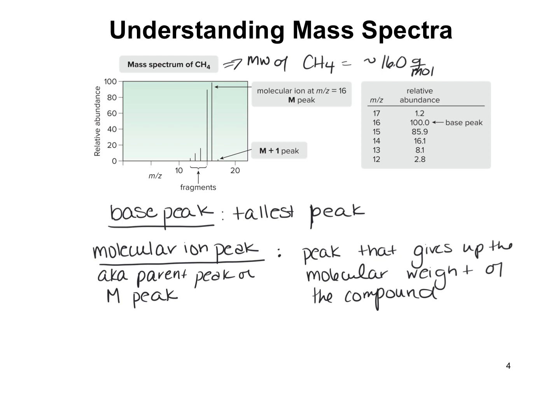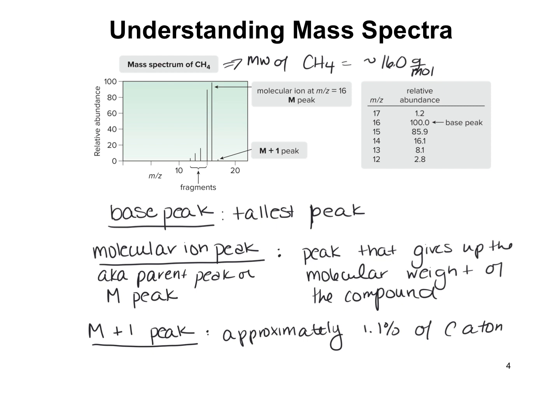Now, I want you to notice something else. We have an M+1 peak. And mass spectrometers can distinguish between isotopes. And so we have an M+1 peak because approximately 1.1% of carbon atoms have a mass of 13.